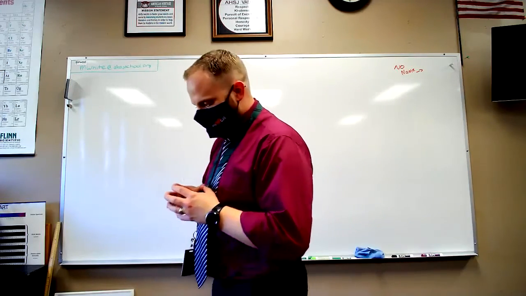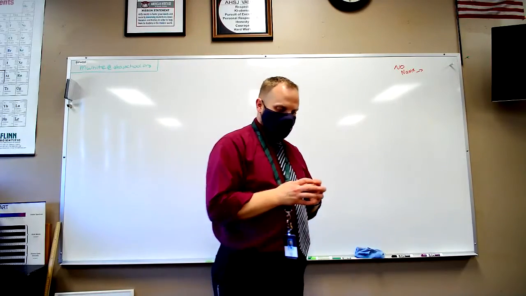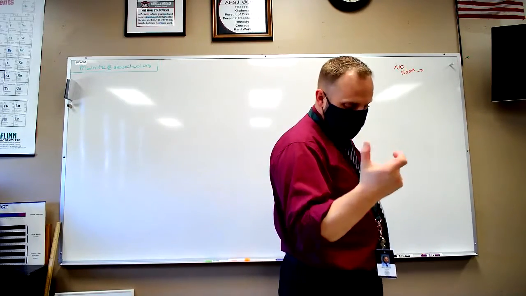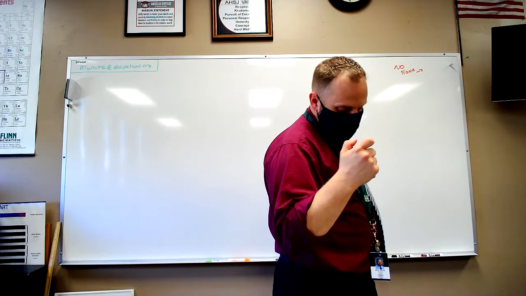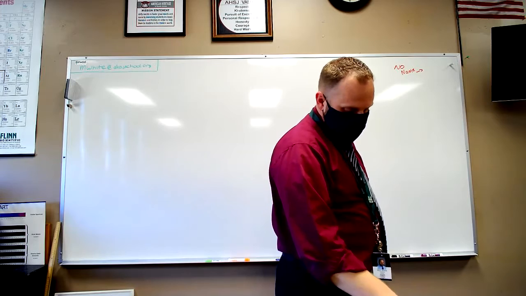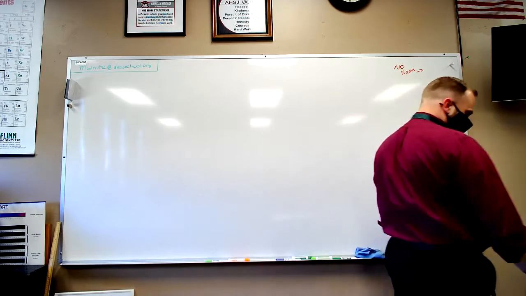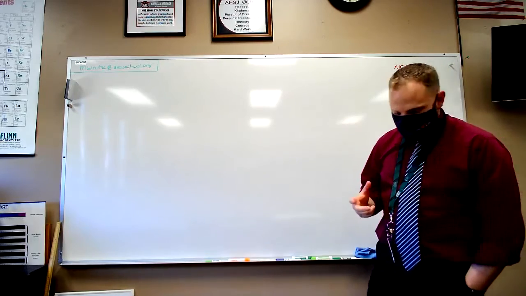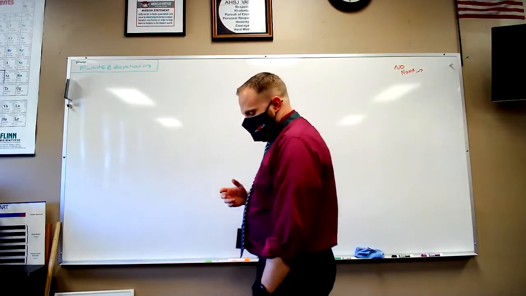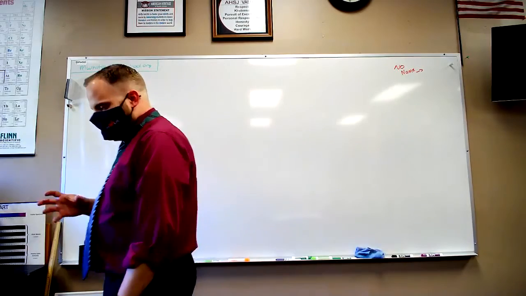We put these things so that they can react. And we put them inside a zinc shell. This zinc shell acts as the anode. So that's where oxidation is happening.